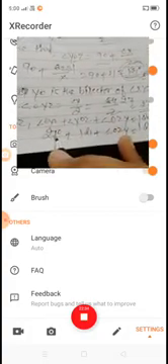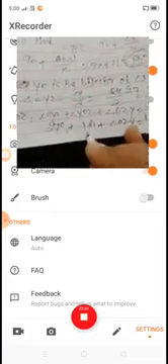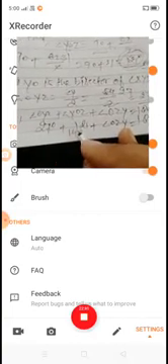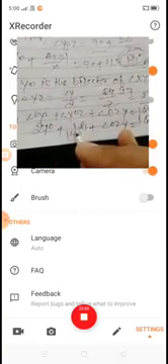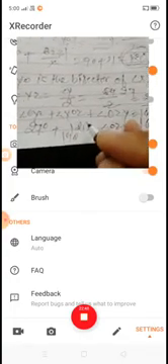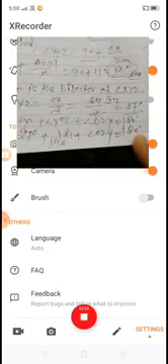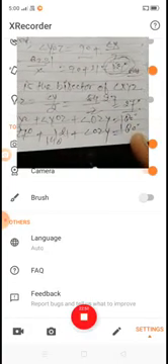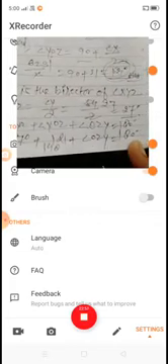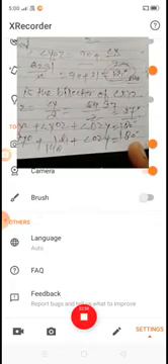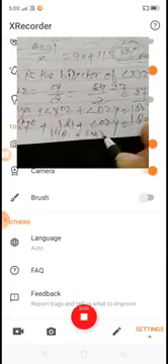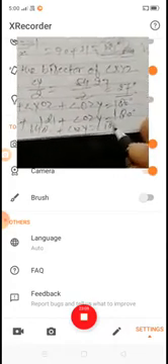So here 27 plus 121 is 148. 148 plus angle OZY is equal to 180.